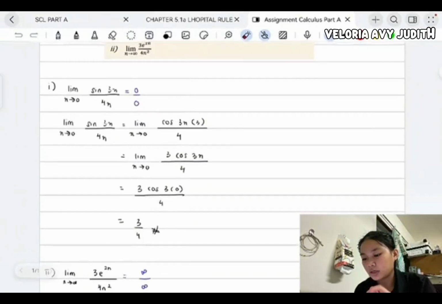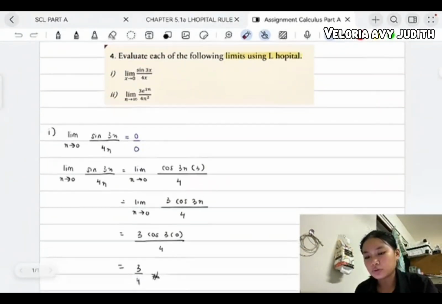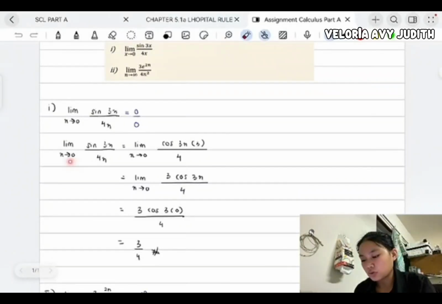So we use L'Hopital's rule. As x approaches 0, we need to differentiate the numerator and denominator. So sin 3x we differentiate, we get cos 3x times 3, and 4x we differentiate, we get 4.